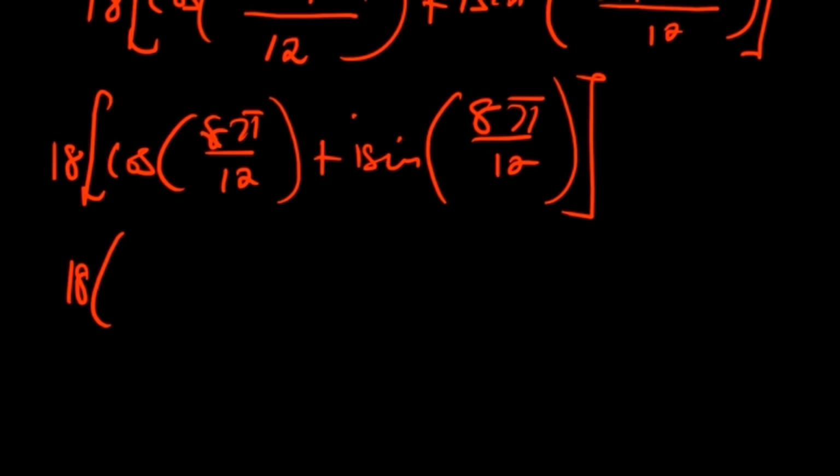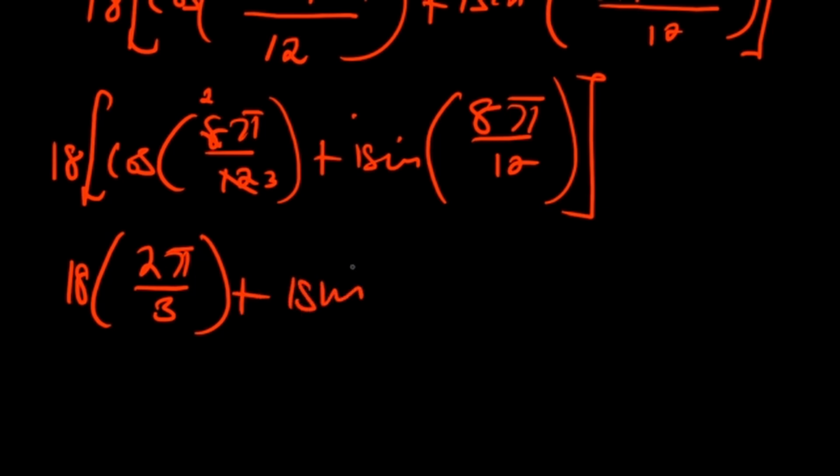So here 4 can go into 8. So 8 divided by 4 is a 2. And then this one here, 12 divided by 4 is a 3. Therefore, you now have 2 pi over 3, close the bracket, plus I sine, open bracket. The same thing also applies, 2 pi over 3.